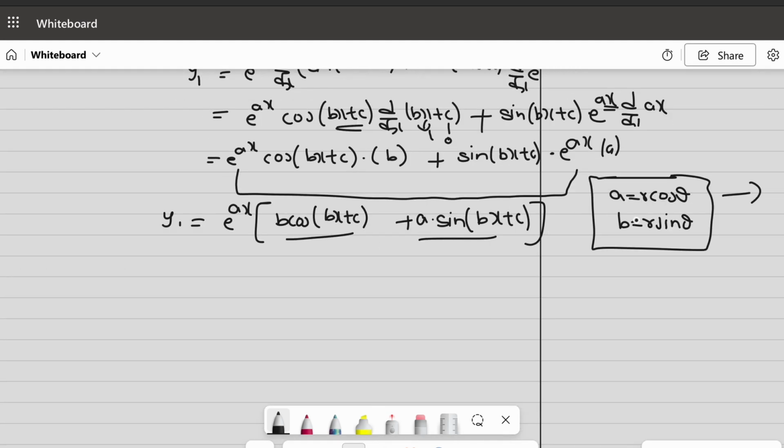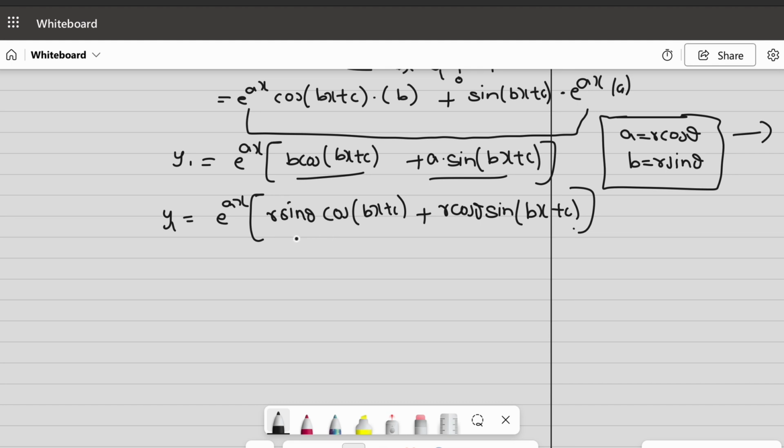Now let us replace the a and b values with r cos theta and r sin theta, that is, we will get y1 is equal to e power ax into, in the place of b we have r sin theta, into cos of bx plus c, plus the a value, means r cos theta, into sin of bx plus c.